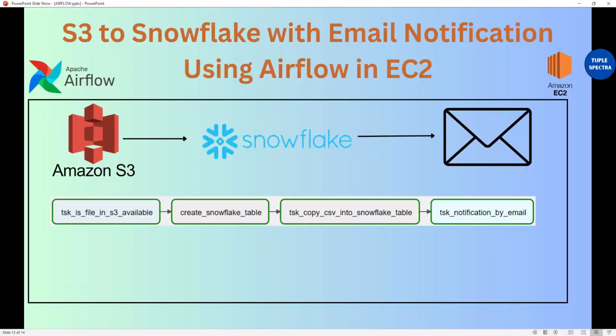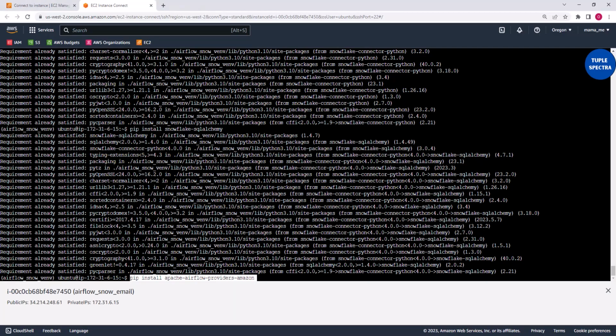Remember what I showed you here? I said that we are going to be checking if the file is available in Amazon S3. So we are going to be using a sensor. And for us to do that, we need to install the Amazon provider.